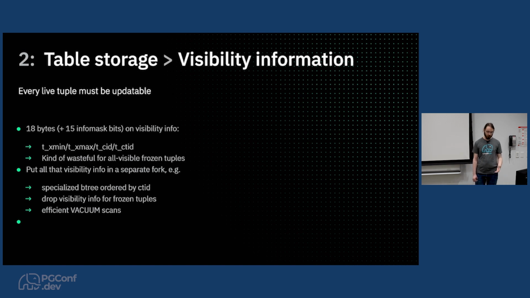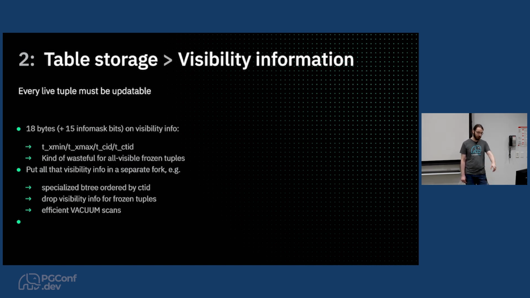So if we put all that visibility information in a separate fork, where we can move the visibility information around and remove it when the tuples are frozen, we can retain only, say, 2 bits of information in the tuple header itself, namely, is my tuple fully frozen, or is my tuple potentially deleted, so that we know, hey, I should go look for visibility information elsewhere, or I have this visibility information already because it is frozen, so I will never have to look at another fork.